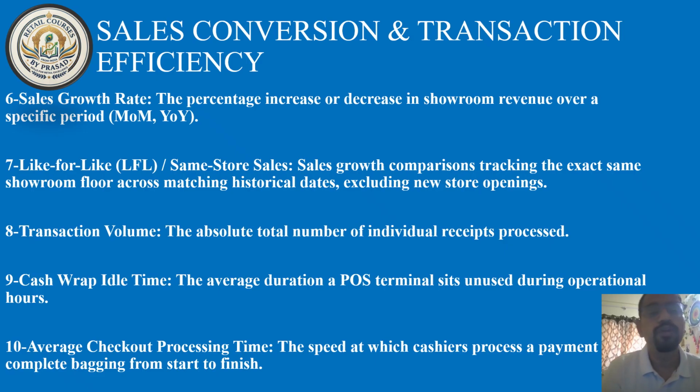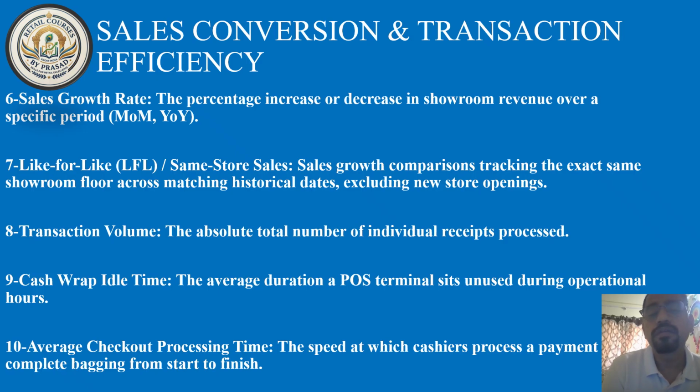Now, the next point we are going to understand is sales growth rate. The percentage increase or decrease in showroom revenue over a specific period, like month on month or year on year. So this is also a kind of metric where you can understand whether your store is growing or not.